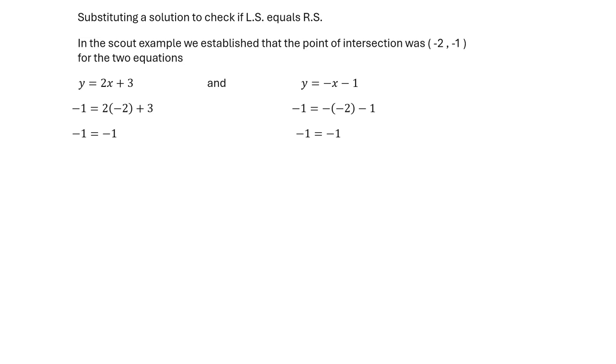Let's revisit the example using the Scouts to review our left side and right side checks. We established the point of intersection was (-2, -1). Now, we'll take those two values and substitute them back into the two equations and check for equality.